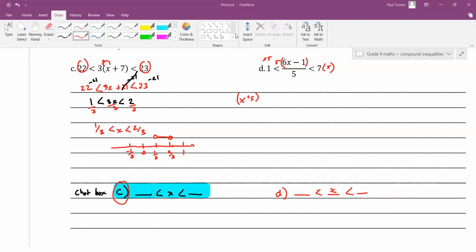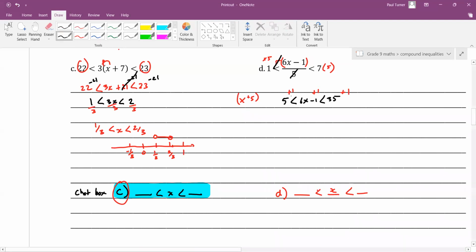Okay, I'm going to start doing it now. So you better put some answer in if you want to get some points. So we've got 5 times 1, which is 5. Now this 5 here will cancel this one. But you still have a 6x minus 1 in the middle. And this is 35, 5 times 7. So then we continue as normal. Now you've got -1 there. So we will add 1 everywhere to all 3 sides, just like equations and the other inequalities.